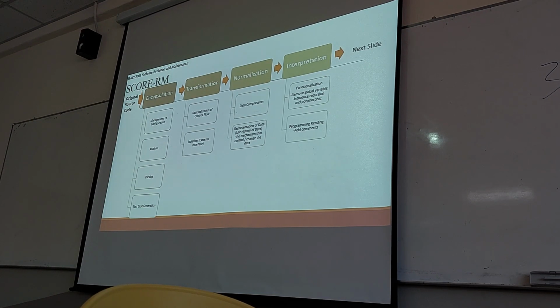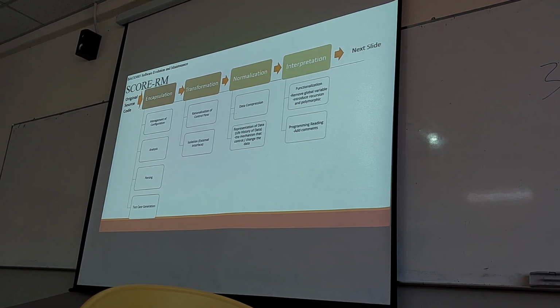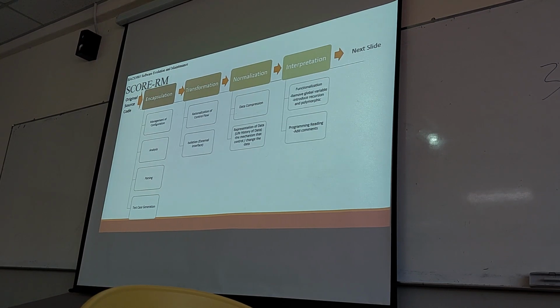Identify all those items, identify the source code, note their state, perform an analysis on the items in the source code, and also do parsing, some conversion, and generate a test case. What do you mean by generate test case? To generate test cases to test whether the existing system performs correctly or not.